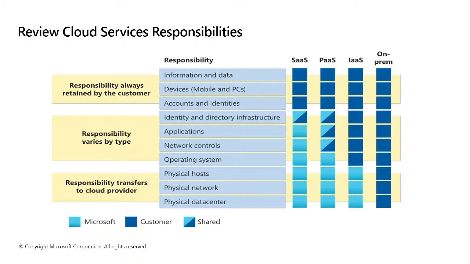So you control the operating system. The network controls, that means how do you want this virtual machine to be able to access the internet? You want to decide what happens to the network on that particular virtual machine.